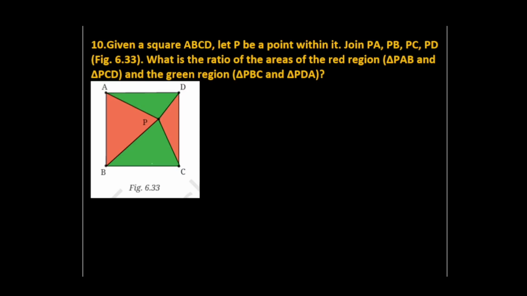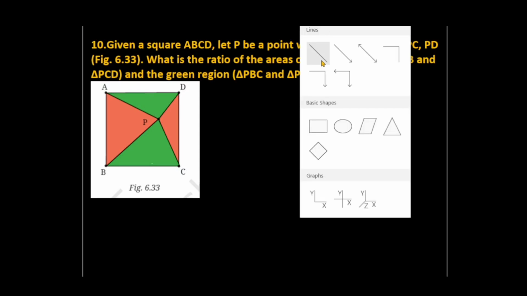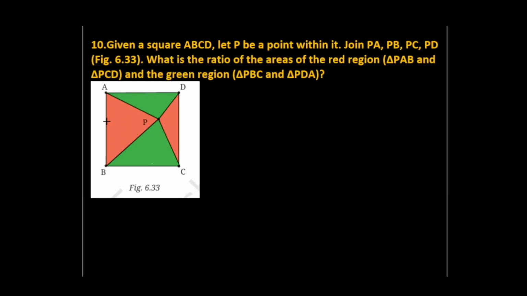Now to prove this, we will draw a line through P. We take a line through P which is parallel to BC. ABCD is a square, so definitely the line is parallel to AD also.